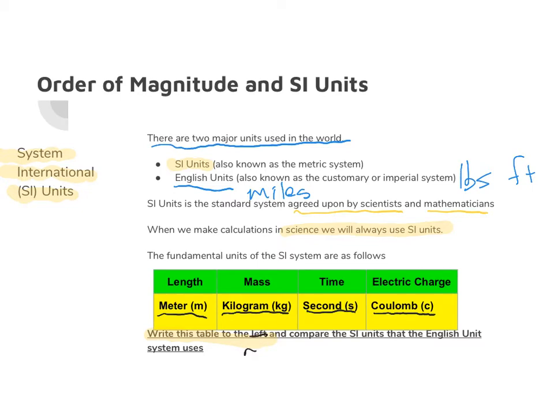Let's cross that out and put right. And compare the SI units to the English system units in length, mass, time, and electric charge. So go ahead and take some time now for that.